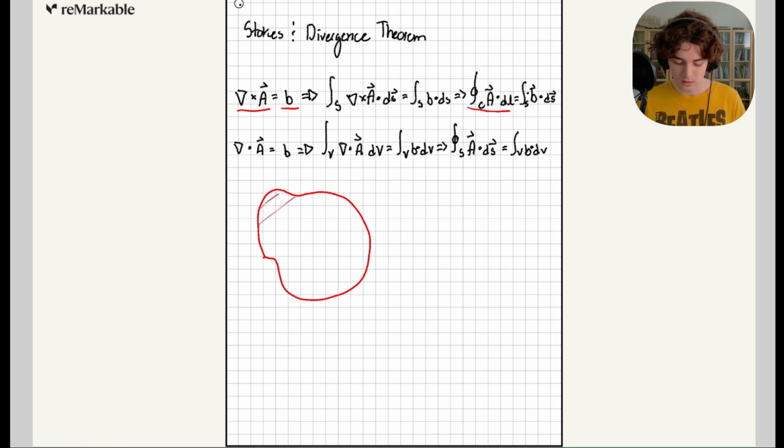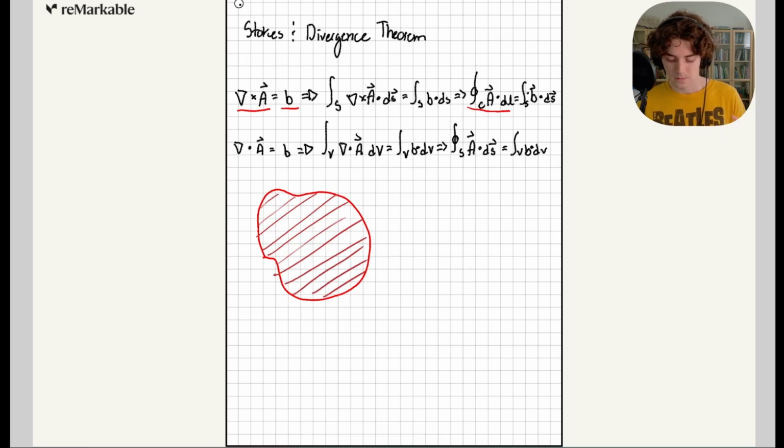So here we have a surface. So the closed line integral of A along this line equals the surface integral of that quantity B along this surface. So how much of B is going through that surface enclosed by A.